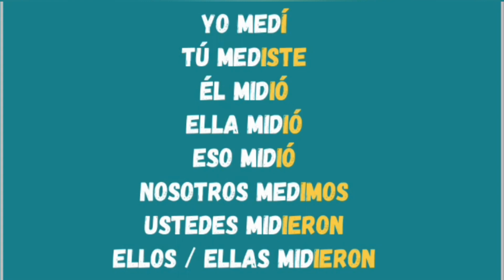Ustedes midieron. Okay, you measured. And now if you want to say they measured, you have to say ellos midieron, if you're talking about a group of boys, or ellas midieron if you're talking about a group of girls, okay?